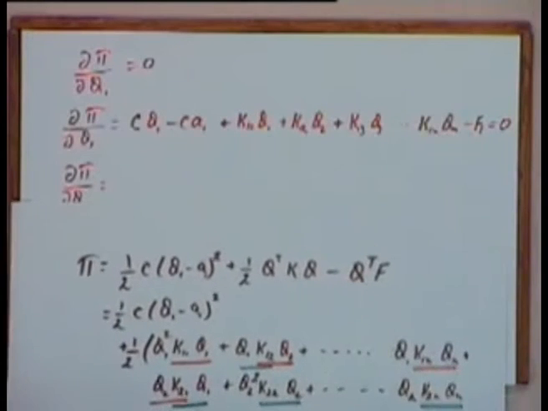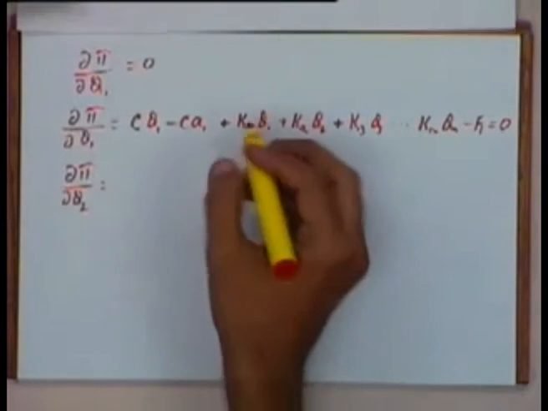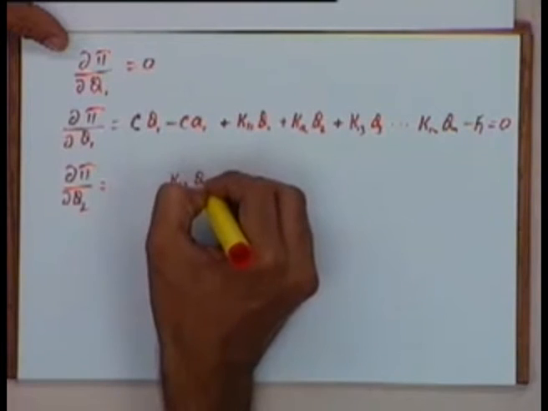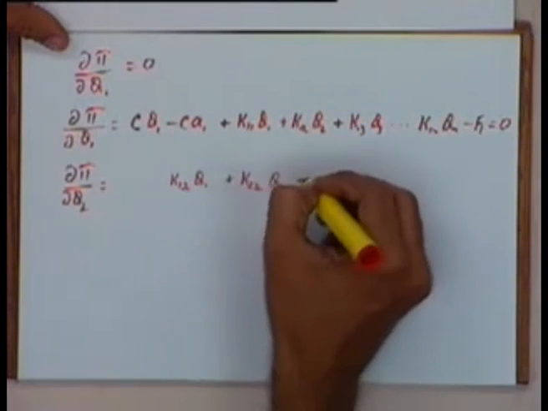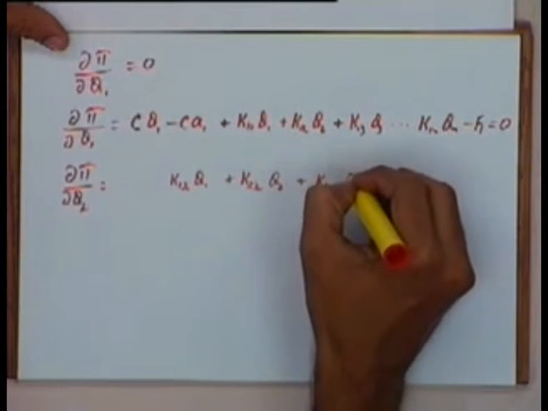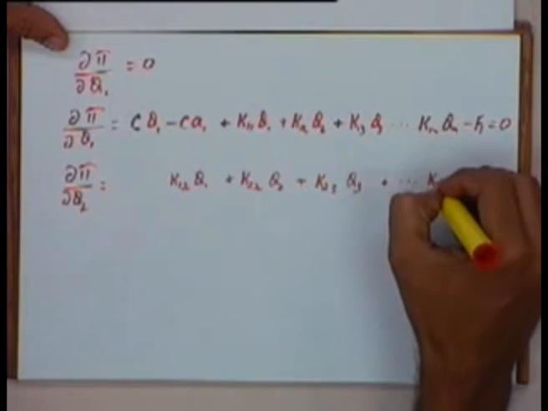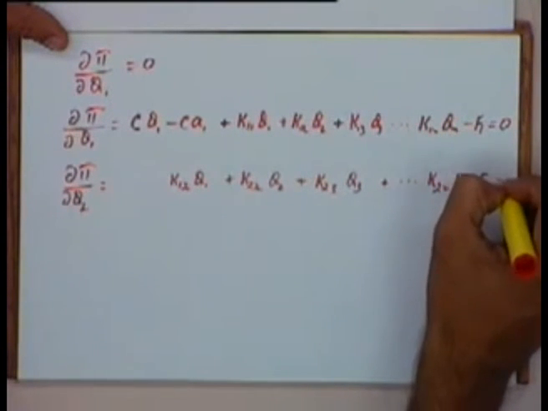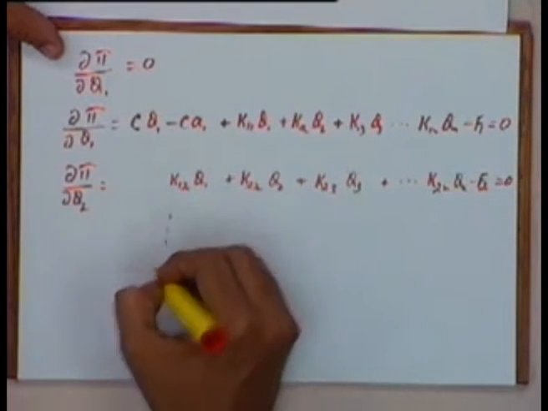And this is going to give me expressions like k12 q1 plus k22 q2 plus k23 q3, so on till k2n qn minus f2 is equal to 0, and so on.